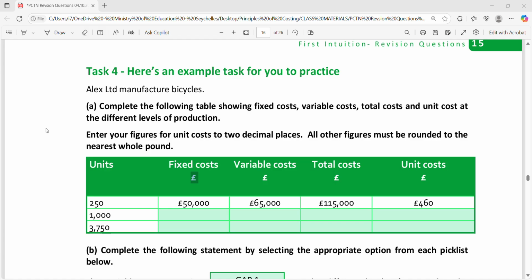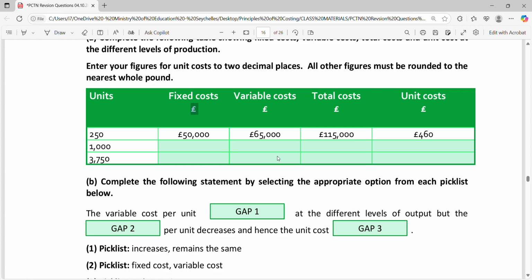Then you have 1,000 units here. Then you have 3,750 units here. So what the question wants is for you to fill all these grey areas like this. So they basically want you to complete all these blank parts here.